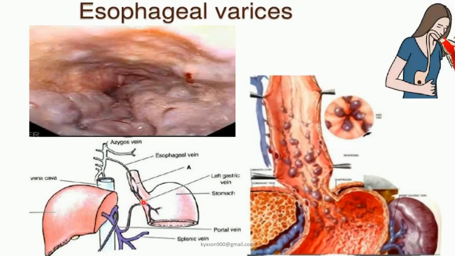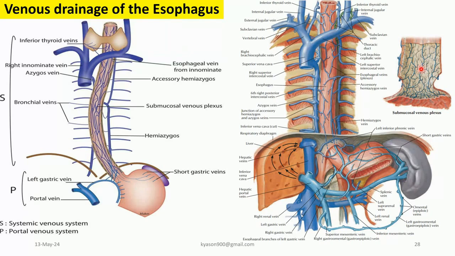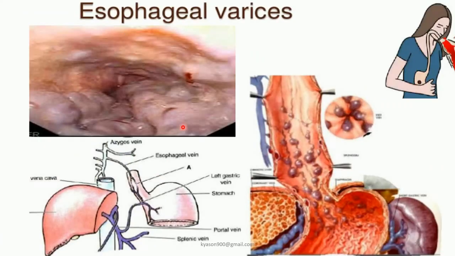After entering the left gastric, this blood can fill the submucosal veins, these veins here that are underneath the submucosa. They can be filled, they can be enlarged, and once they are enlarged, of course, we form what we call esophageal varices. Okay, varices are just swollen, enlarged veins. So we shall have esophageal varices because of the veins that are enlarged.